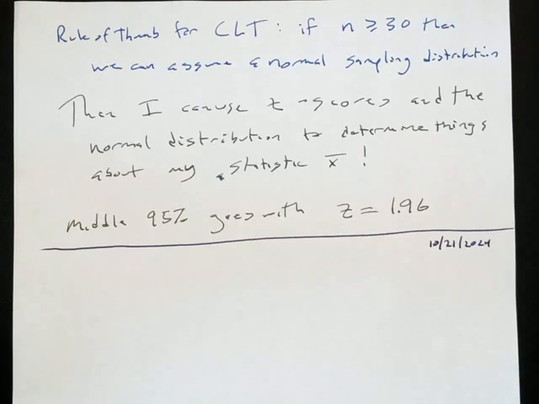But given my idea of confidence with a normal distribution, I can then say, oh, let's look at z-scores and relate percentage information I know to z-scores. If I do that, the end of class on Friday, I said the middle 95%, is a table in our textbook, goes with a z-score of 1.96.